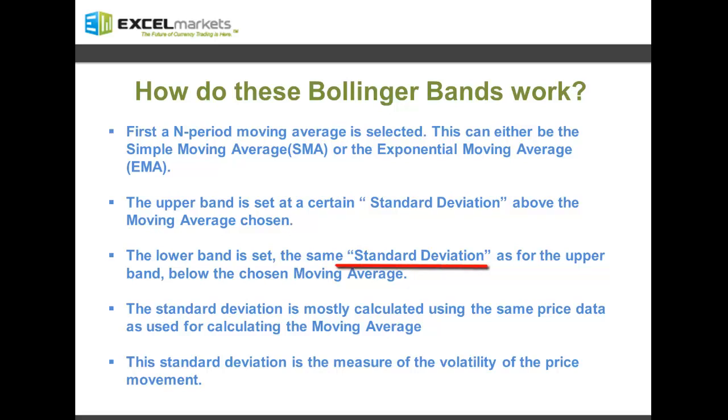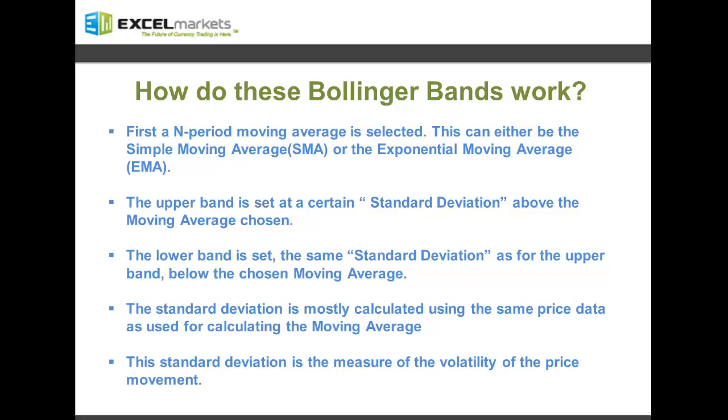Similarly, the lower Bollinger Band is set the same standard deviation as that for the upper band from the chosen moving average and is set below it. So, if the upper Bollinger Band is set 2 standard deviations above the chosen moving average, the lower Bollinger Band would be set 2 standard deviations below the chosen moving average.